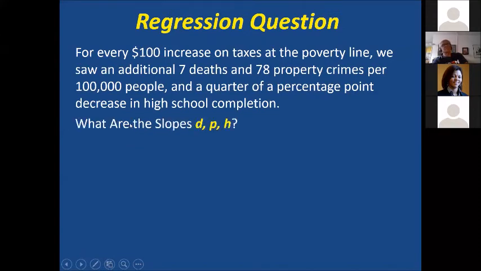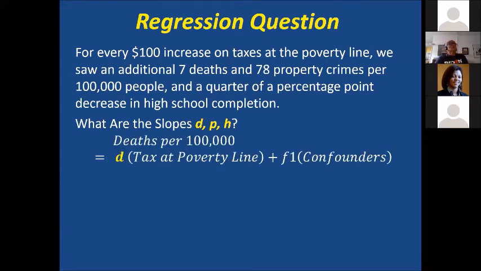So now the questions that I would appreciate people trying to answer. If you say deaths per 100,000 equals D, that's the slope, like that 1.55 in the TC scatter plot, times the tax at poverty line, plus some other confounder. So what is the value of D based on their summary of results?